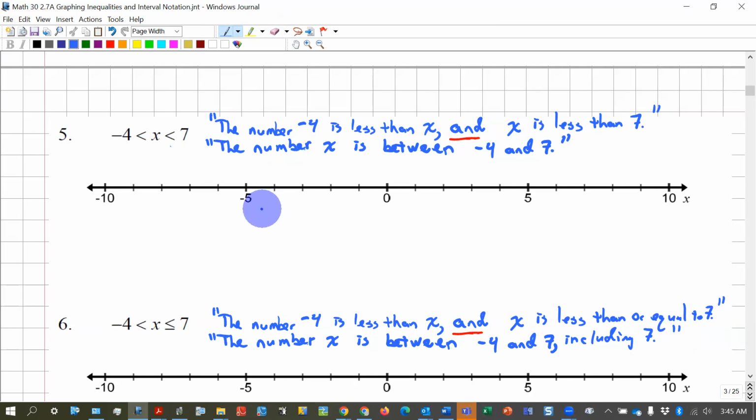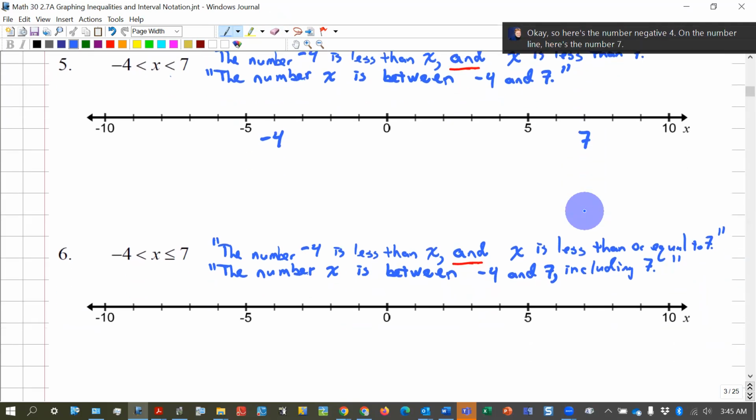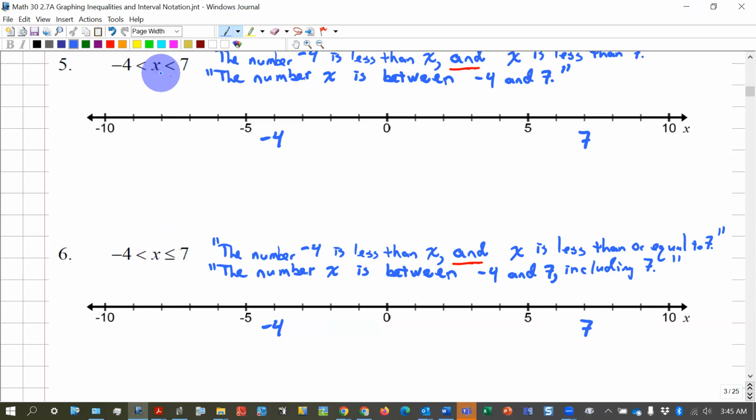Okay, so here's the number -4 on the number line. Here's the number 7. And in both problems, x can be any number between -4 and 7.